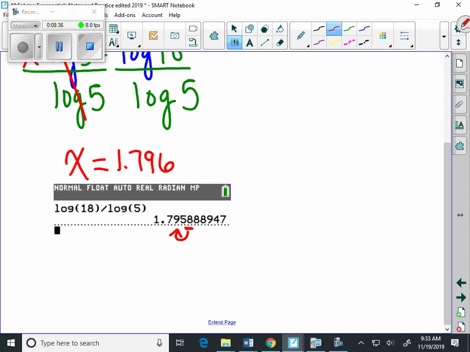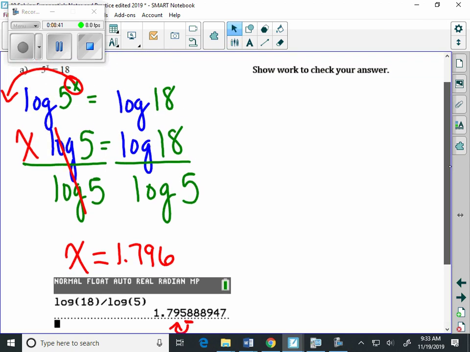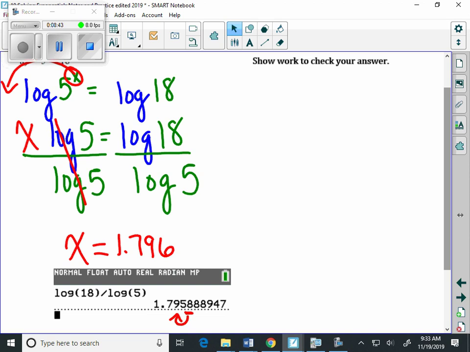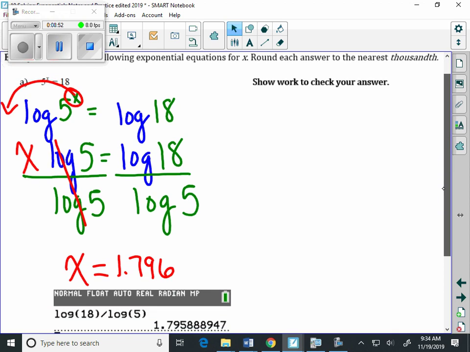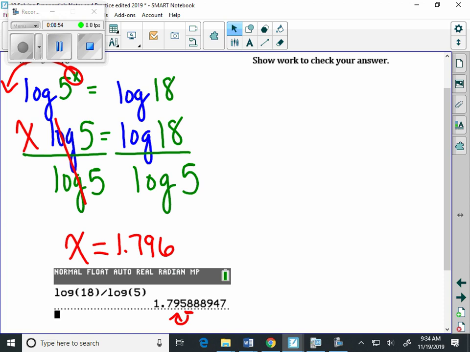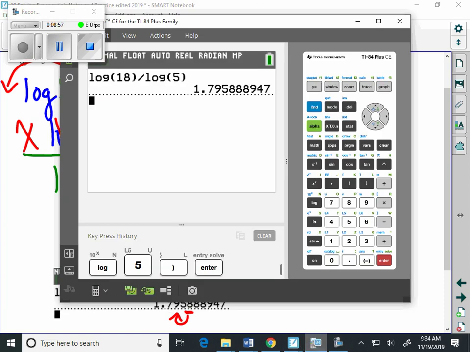Now the thing is, it says off to the side here, we can check our answer. So we know what the answer is. But if you have an up-to-date calculator, it's very easy to check. Because what we can do is we can type in 5 to the x. But leave that number on your calculator to check it. But it's 5 to the, and instead of typing in 1.795888947, we can carry that answer down.